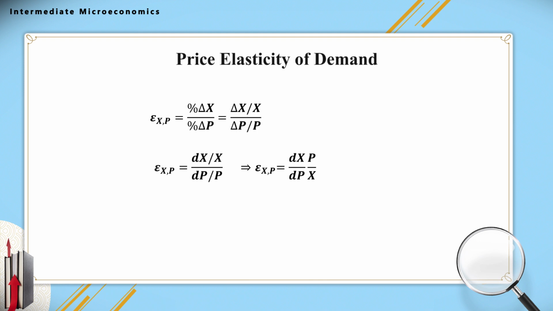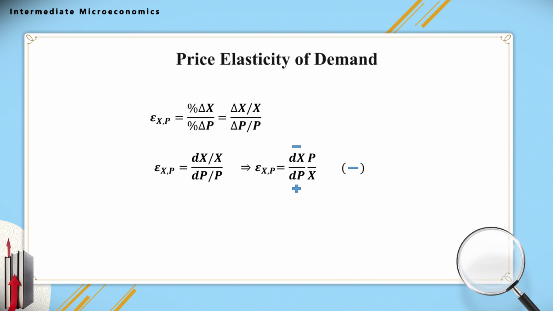Because most commodities are ordinary commodities, that is, demand falls as the price rises, the price elasticity of demand is usually negative. However, we are concerned about the sensitivity of the response, that is, the absolute value of elasticity.